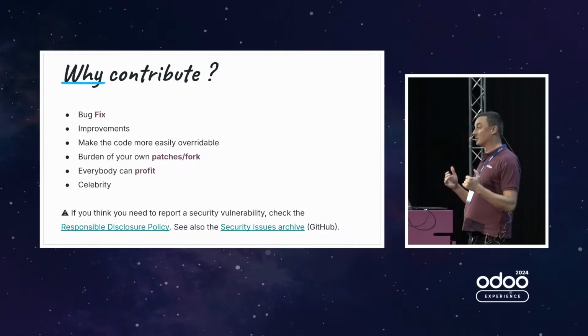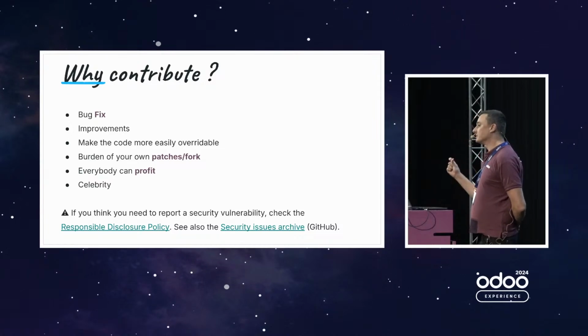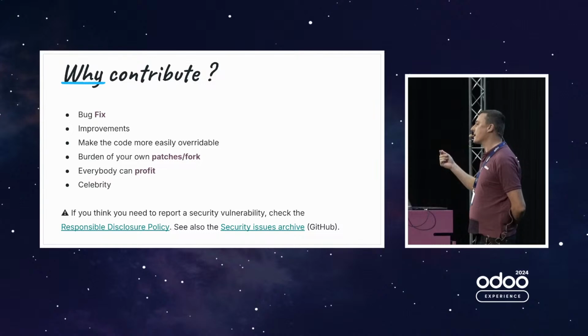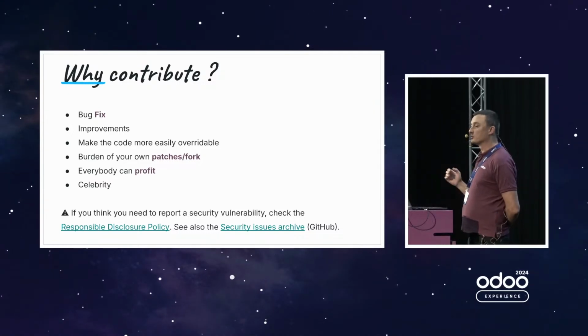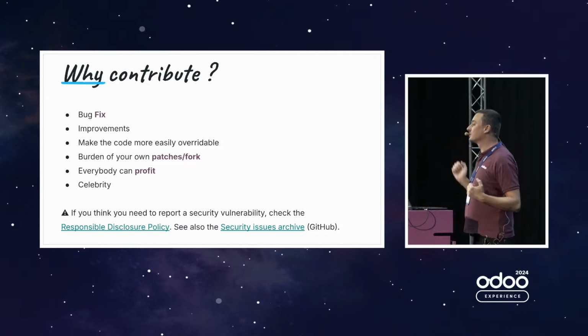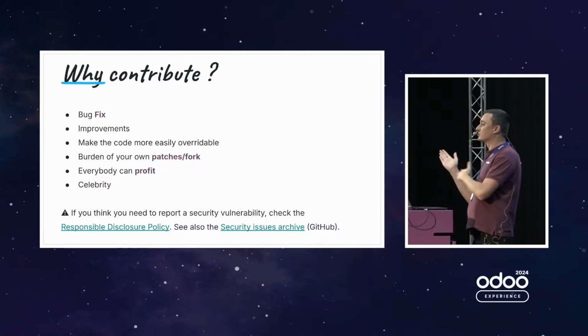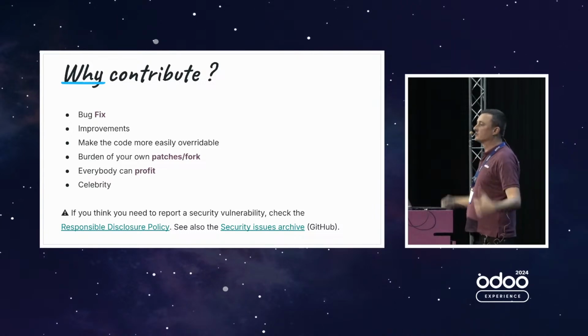Sometimes we make quite long methods, and sometimes we forget to add a hook that you can override to change the behavior of the code. So sometimes we get a contribution saying, hey, this method is quite big, it would be nice to have a hook here. That way we can change the behavior of that method depending on our internal code.